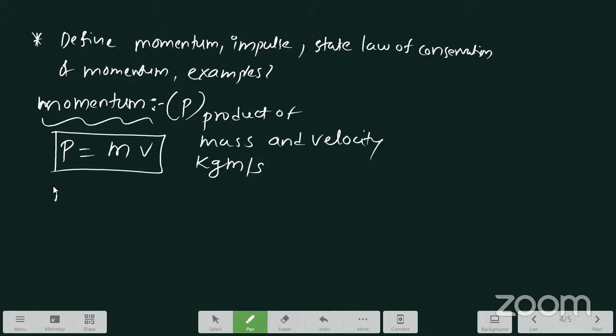Next, impulse. Impulse is denoted with J. J stands for impulse.